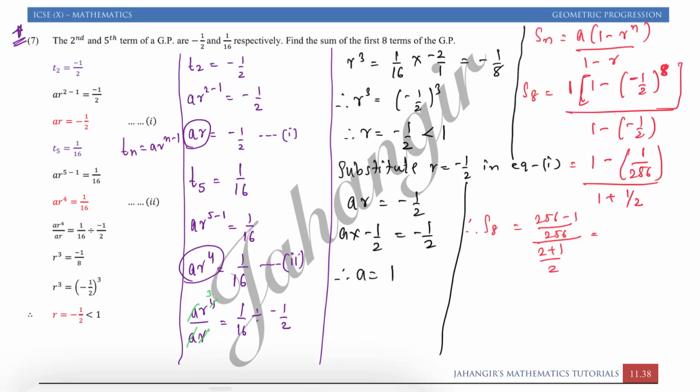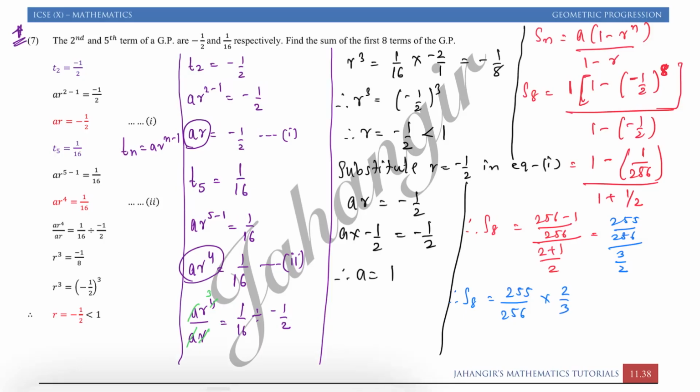So in the numerator you are going to get 255 upon 256, whole upon 3 by 2. So therefore let us write S8 is equal to 255 upon 256 into 2 by 3.